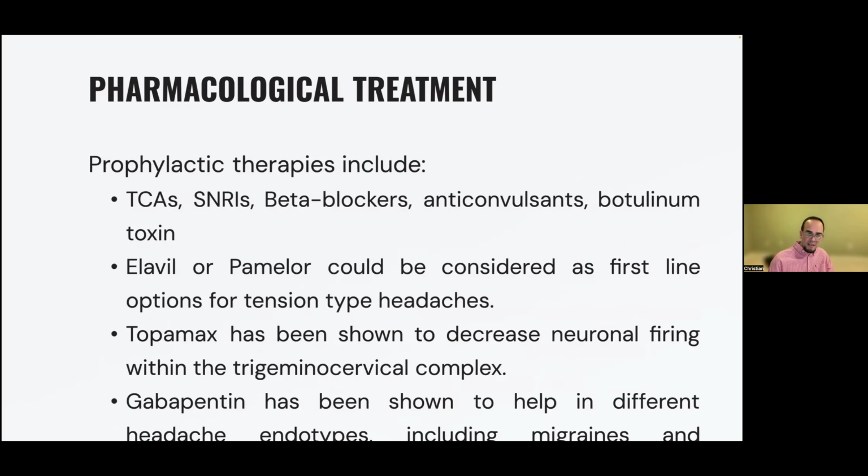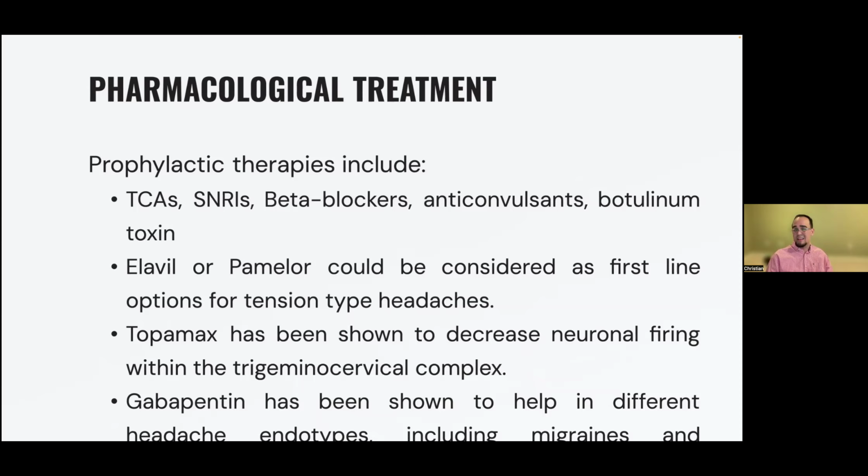Then as prophylactic therapies, we basically extrapolate them from other pain syndromes. We could start with tricyclic antidepressants like Elavil and Pamelor, which are possibly considered first options for tension-type headaches.